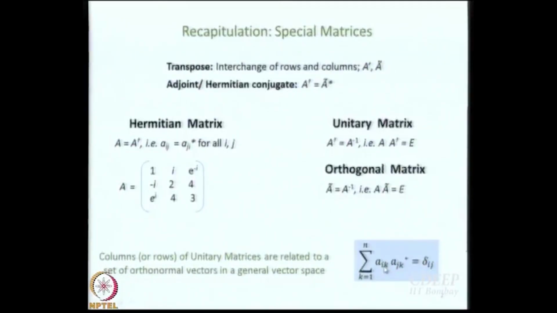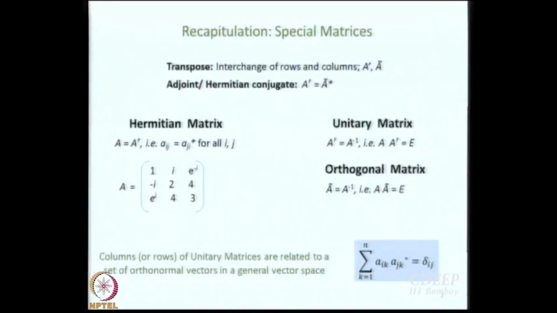Let us expand. a_ik, what is a_ik? a_i1, then a_i2, a_i3, so on and so forth. So, are we going down a column, or are we going from left to right in a row? Like this or like this? Like this, right?